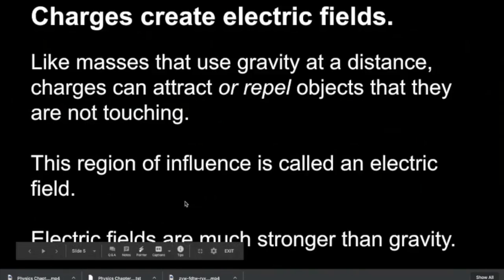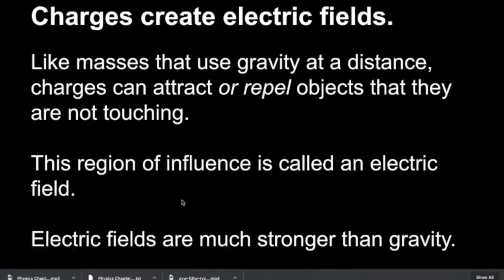Now, the thing is, electric fields are way stronger than gravitational fields. It's just that usually they're created by such tiny, tiny things that their force per mass is much greater, but the masses are so small that we still don't necessarily notice them.